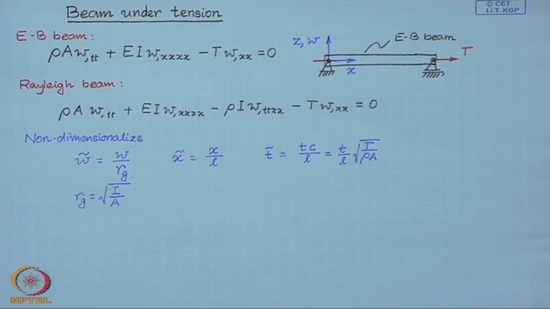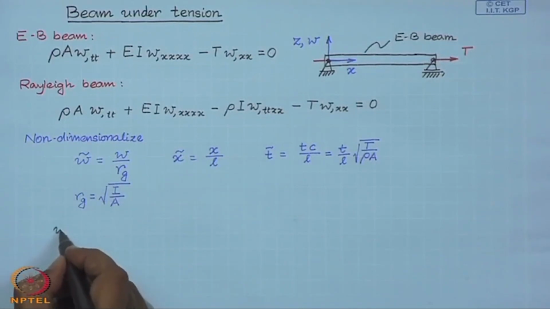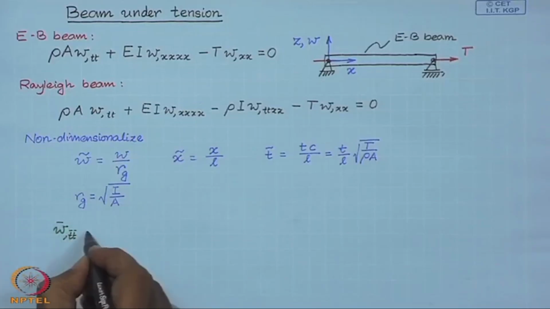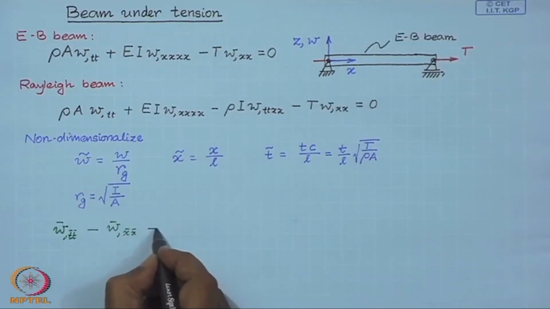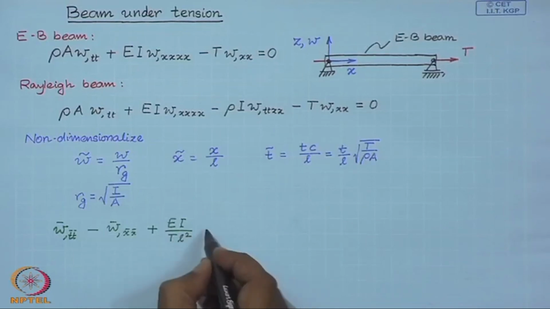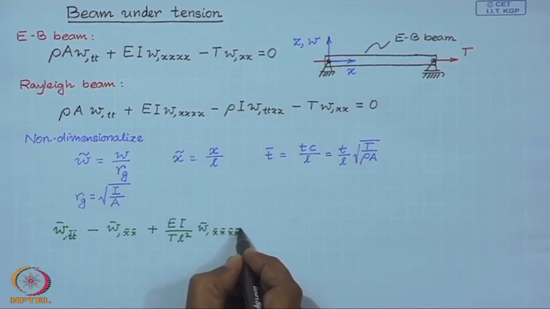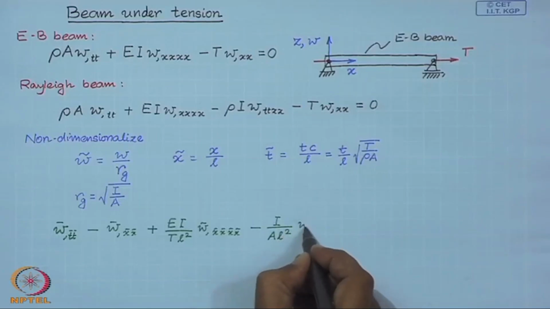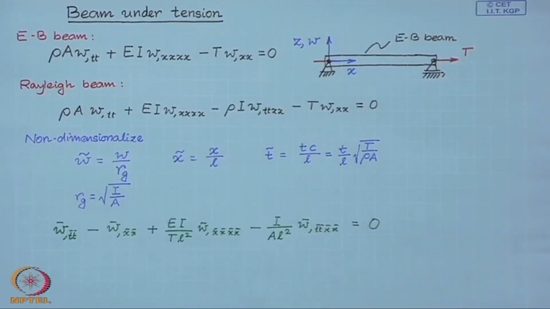So, if you use this non-dimensionalization scheme, then the non-dimensional equation of motion turns out to be in this form.